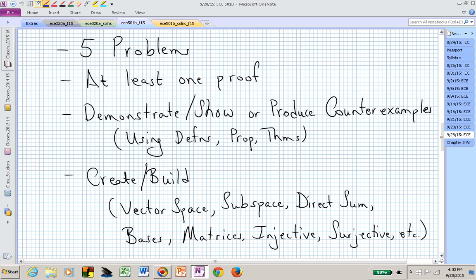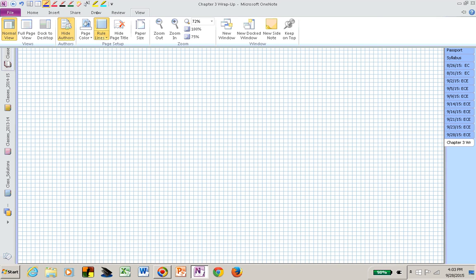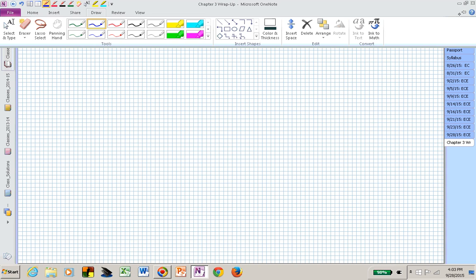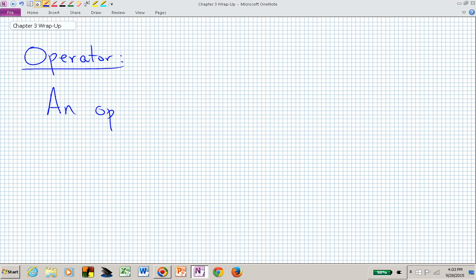Before I forget, let's go into our Chapter 3 wrap-up, which deals with this idea of an operator. An operator is a linear map, so in that sense we're not doing anything new; we're specializing the linear map.